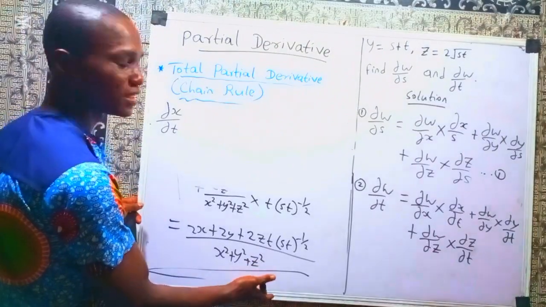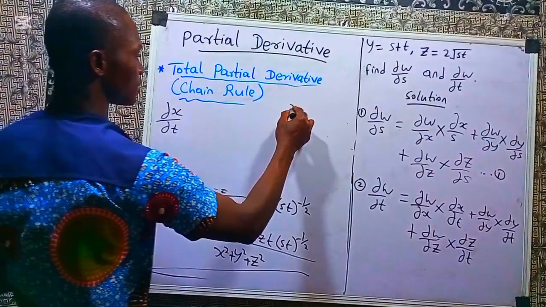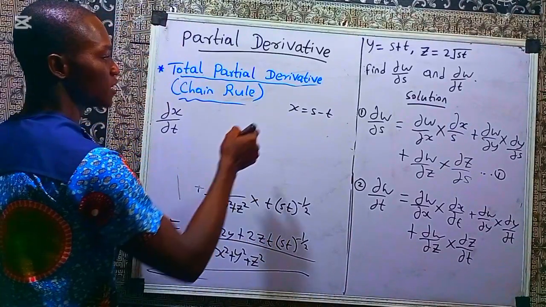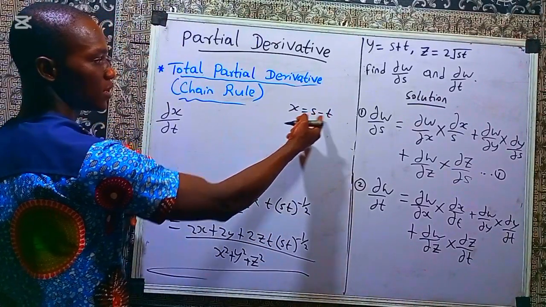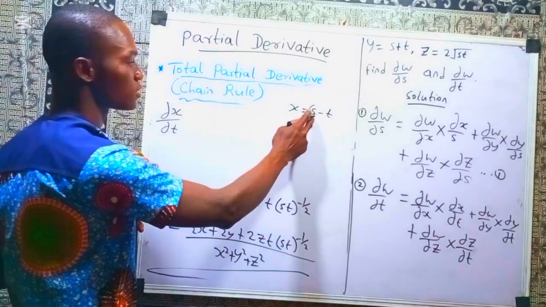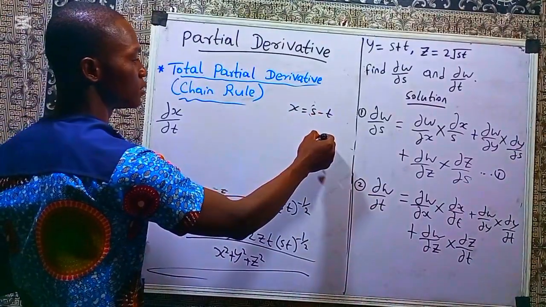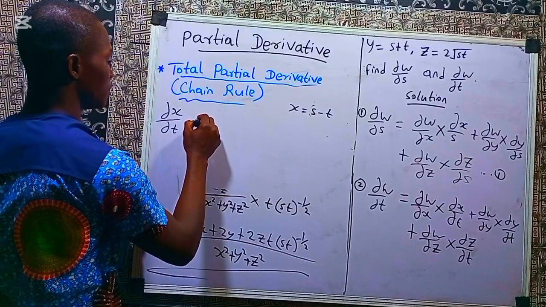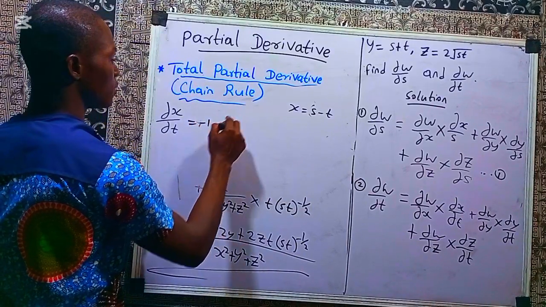They told us that x is equal to s minus t. So if you differentiate this x with respect to t, you are treating s as a constant. Derivative of a constant is 0. You now differentiate negative t, you get negative 1.